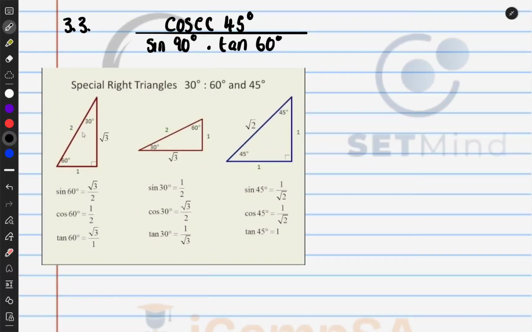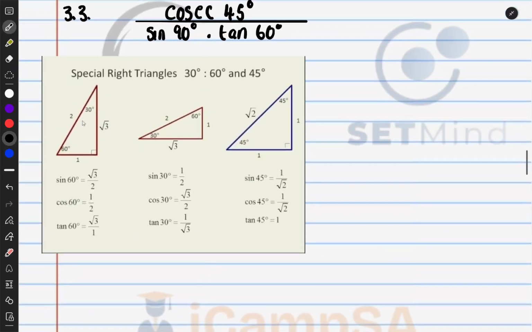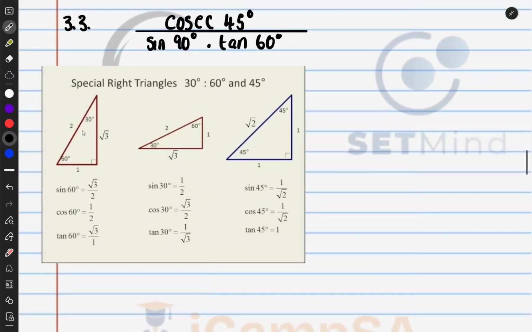Okay, so before we start plugging in the ratios for the special angles, let's start by changing cosec 45 to 1 over sine 45. So we're going to have 1 over sine 45 degrees divided by sine 90 degrees times tan 60 degrees.